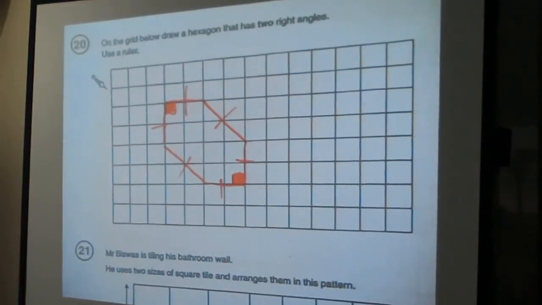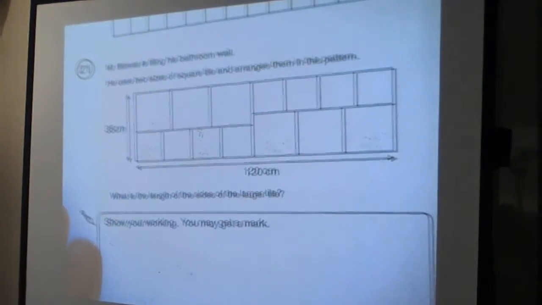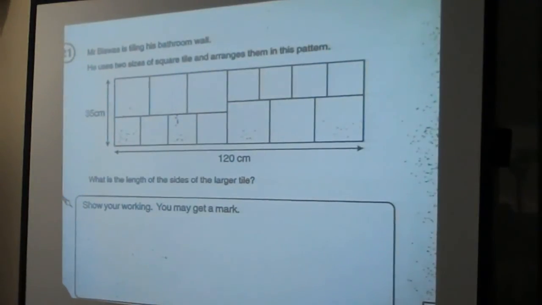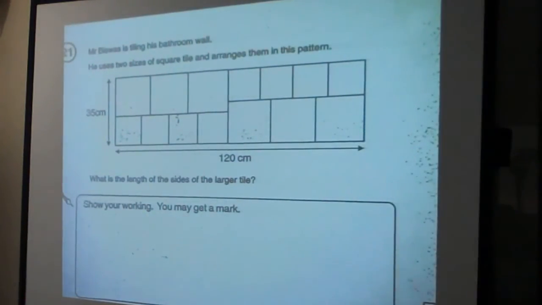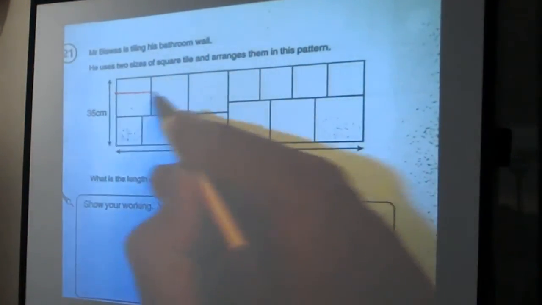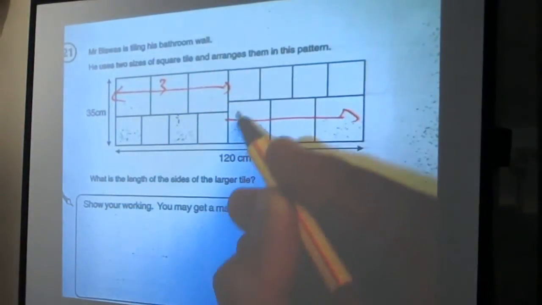Okay, next question. A lot of students as I've walked around the class have been struggling on this next question. And the question is all in the visual. Length of the size of the larger tile. Now, how many large tiles do we have from here to there? 3. How many do we have from there to there? 3.